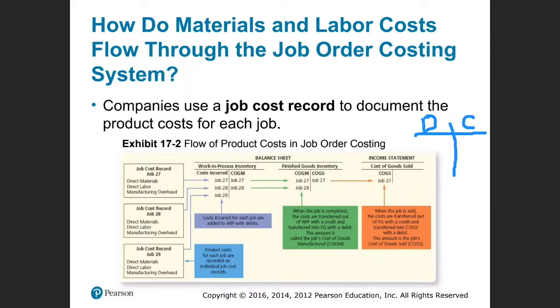So we started job 27 and we completed creating the goods, and we sold the goods, and so job 27 is done. When we look at job 29, we have just started it, so it's still sitting in our work in process inventory account.